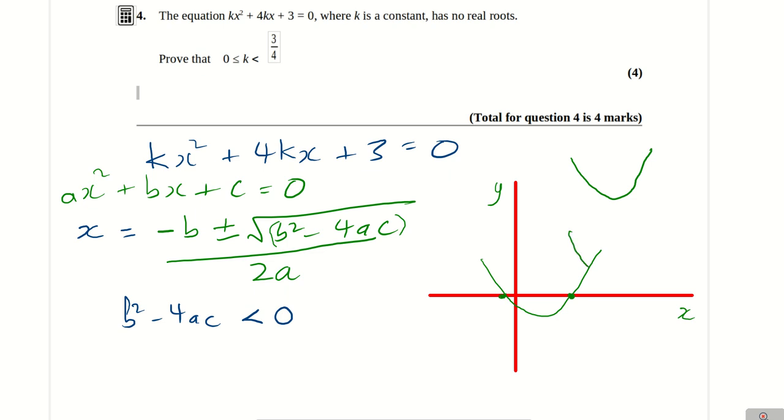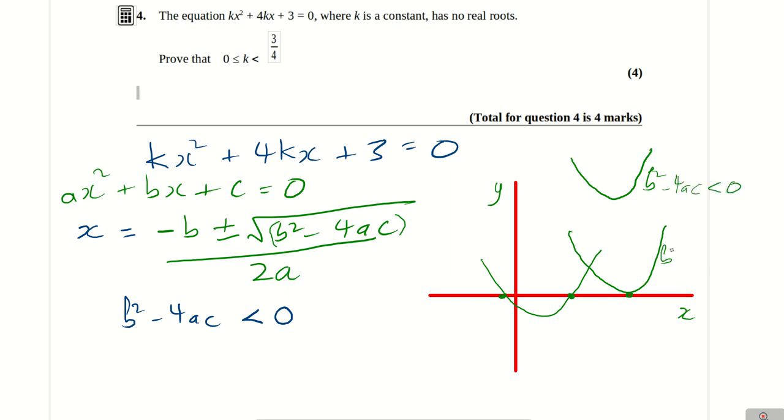If it looks like that, just kind of sitting on the x-axis, then that's the situation that you have when b squared minus 4ac is equal to 0, so you only end up with one root, and that's minus b over 2a. So in this situation here, we have b squared minus 4ac is less than 0.